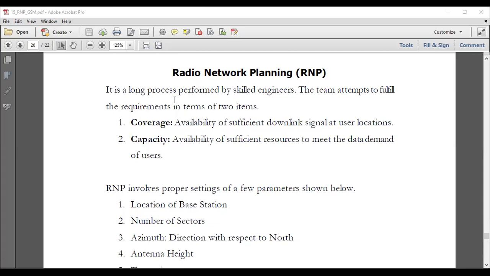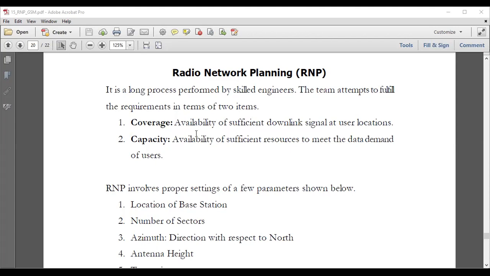You had 7 channels, so in the whole cell, 7 times 200 kilohertz, so 1.4 megahertz. That is the radio resource you have. You're sharing it with different users in the cell. But if you had an increased bandwidth, then of course your capacity would be better, and you could provide better data rate.